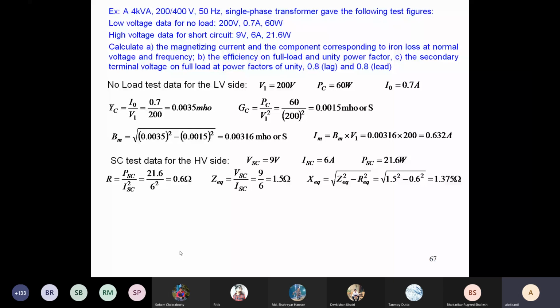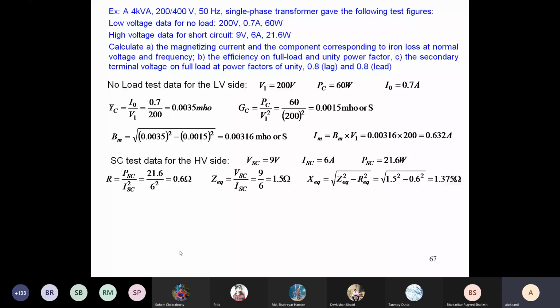So once we have found out these circuit parameters, then what is required is to find out the other things: the efficiency on full load and unity power factor, and the secondary terminal voltage.